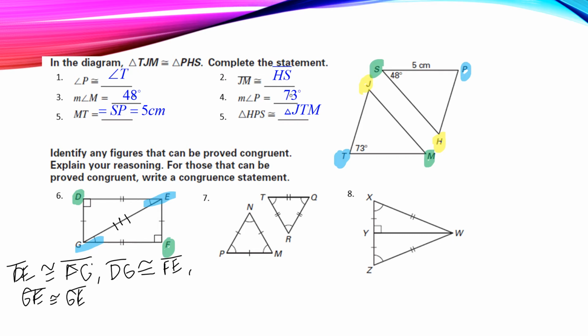Sorry, this is a little messy. Then we can do angles. So angle F is congruent to angle D. And angle GED is congruent to EGF.